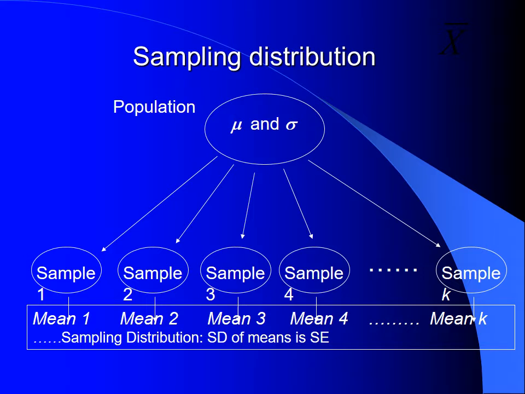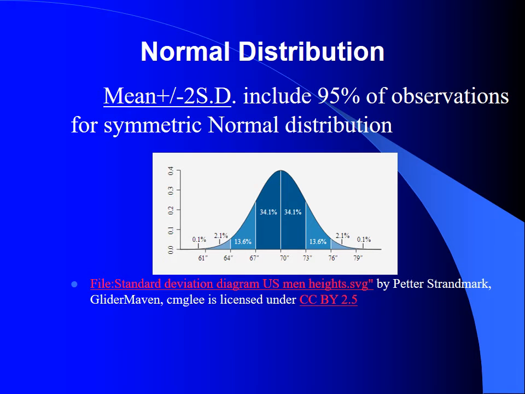It's a very important aspect. That standard error will give you some precision about the sample mean which you have computed, in order to state how close my sample mean is to the population mean. We know that by the normal distribution property, mean plus or minus 2 standard deviations, or mean plus or minus 1.96 standard deviations, includes 95% of observations for a symmetric normal distribution.